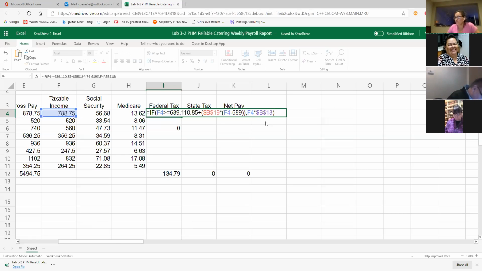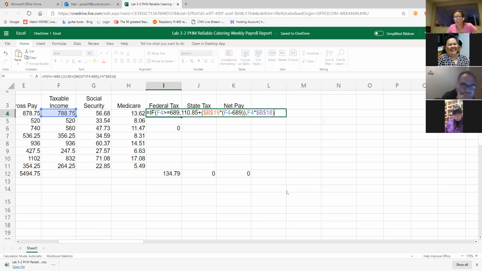Okay. And then I was missing the last part where it says that if it's less than the 689, which is B18, so it's a different calculation. And the B19, you did it.